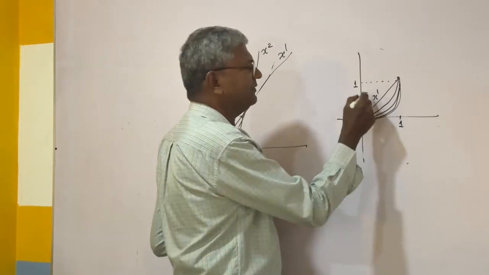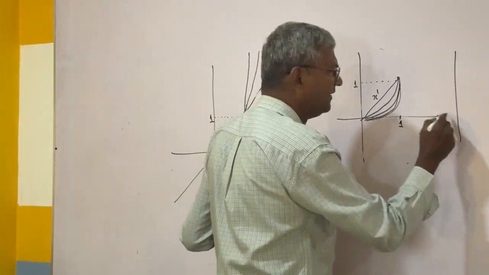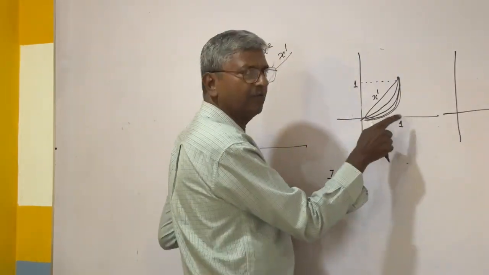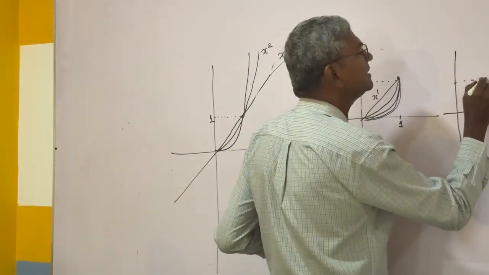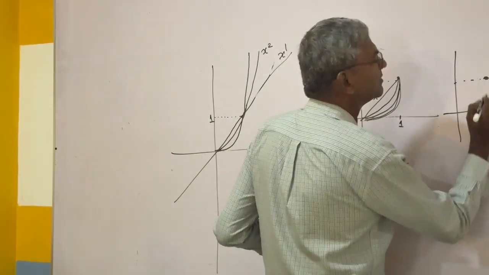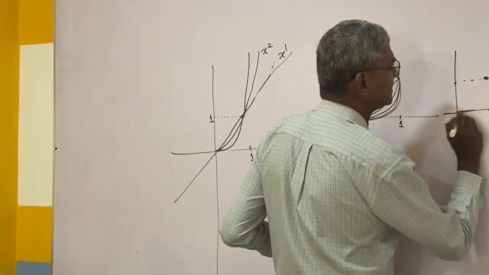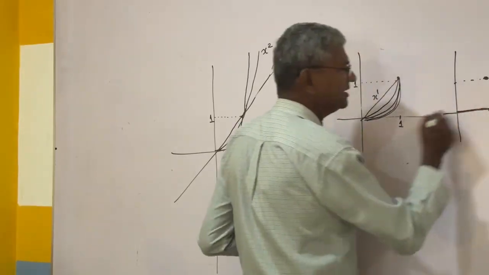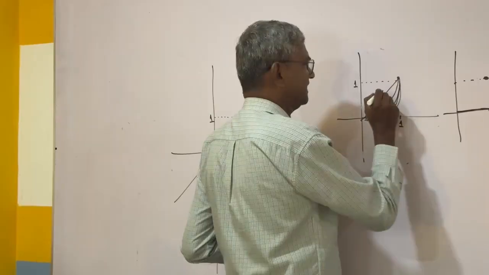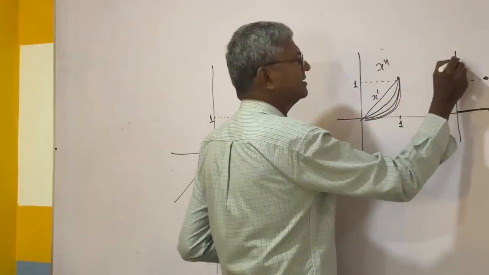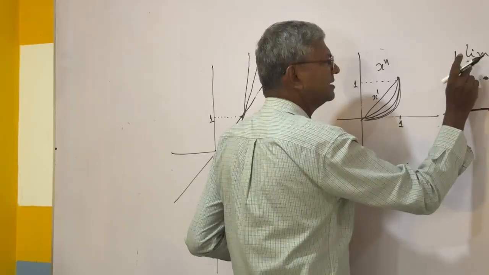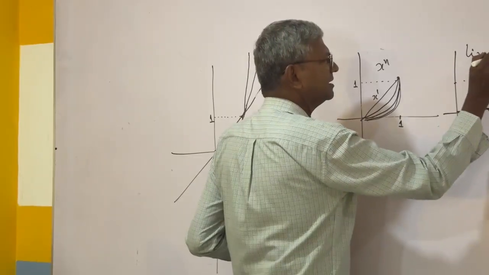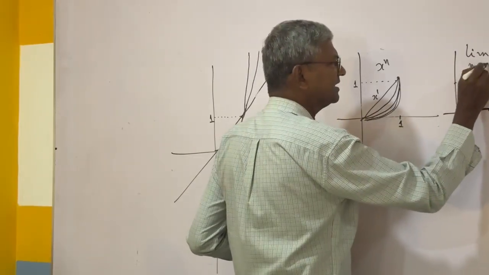So the limit function will be, at the point 1, it is always 1, but after that, 0. This is the limit function, the limit of x to the n as n goes to infinity.